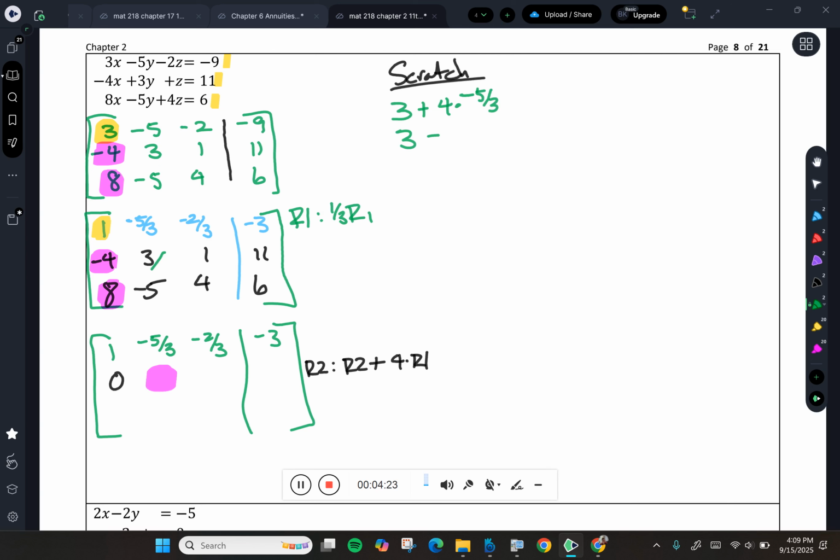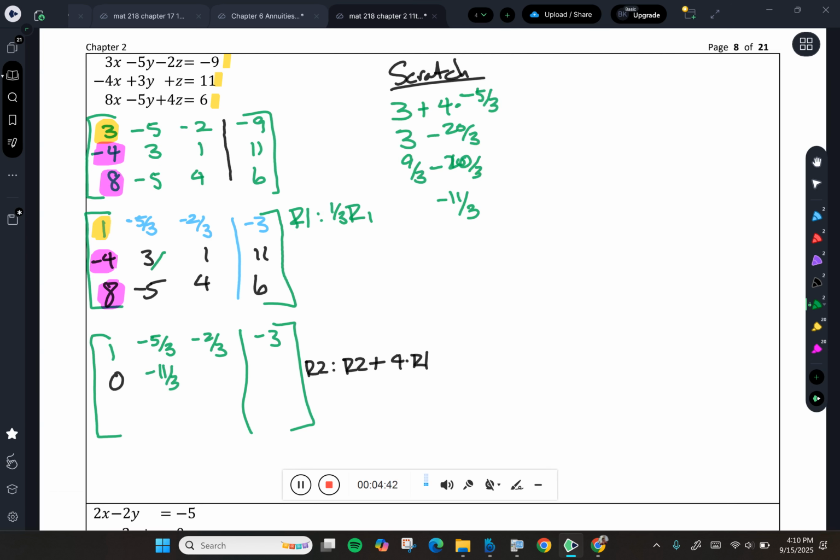That's going to be 3 minus 20/3, which is 9/3 minus 20/3, so that's going to be -11/3. It's kind of hard to read on that pink, so I'll erase the pink.